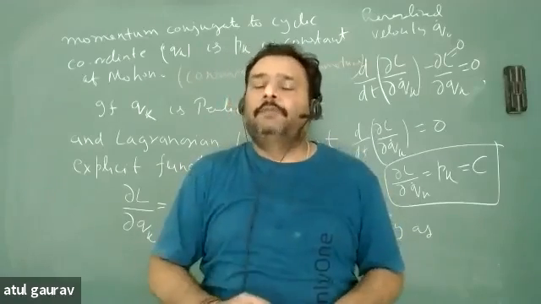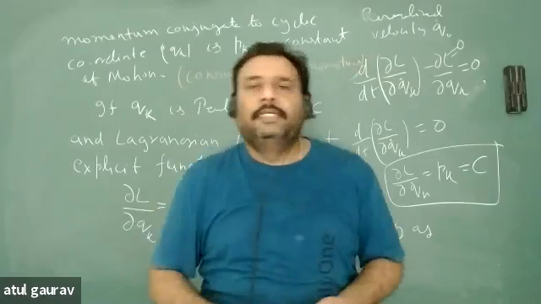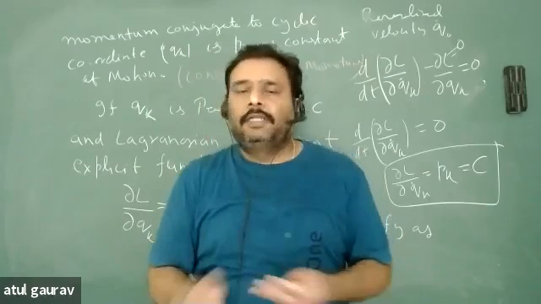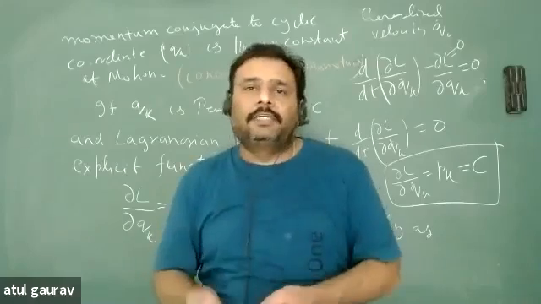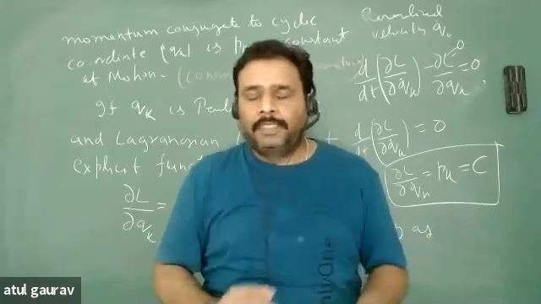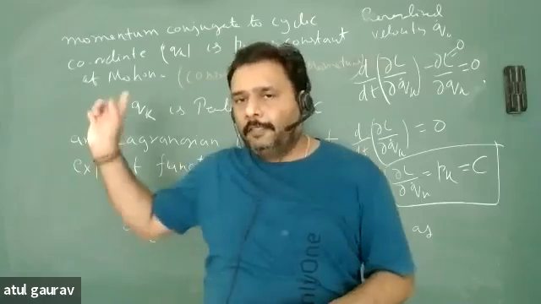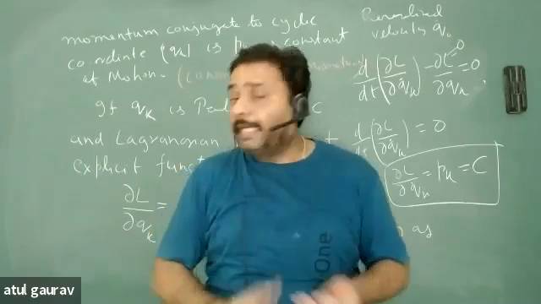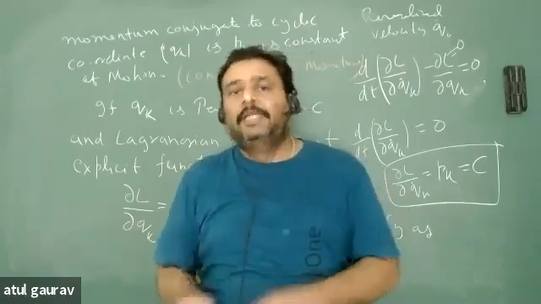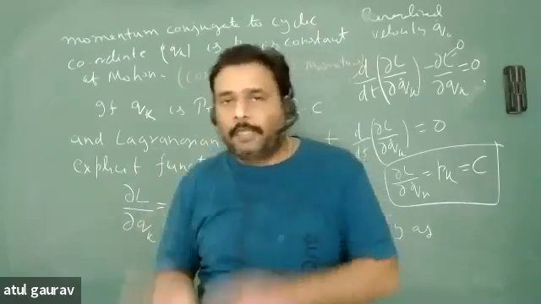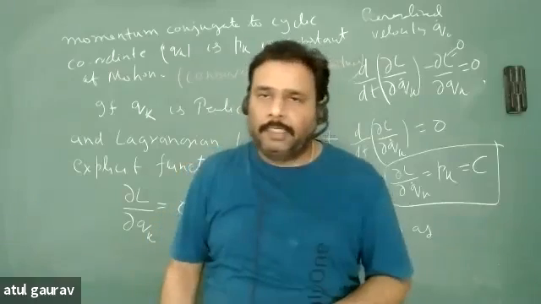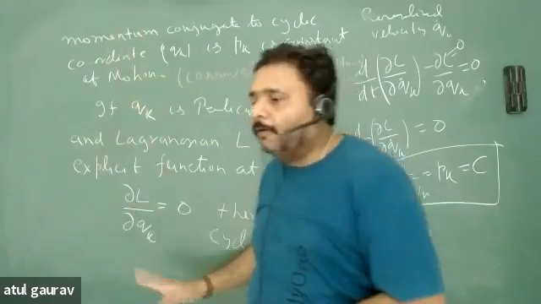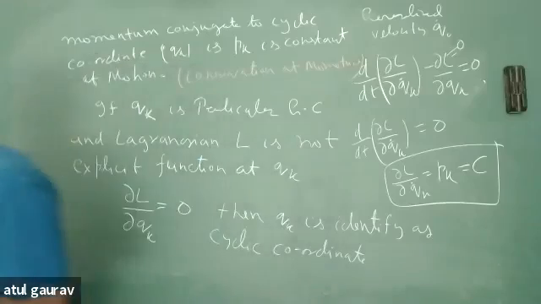If you know the generalized momentum, then you can identify the cyclic coordinate. The cyclic coordinate will tell you all about explicit or implicit functions. Once you get the cyclic coordinate, you can talk about conservation of momentum, which means conservation of angular momentum as well as linear momentum. So this is the whole definition for the Lagrangian formulation.